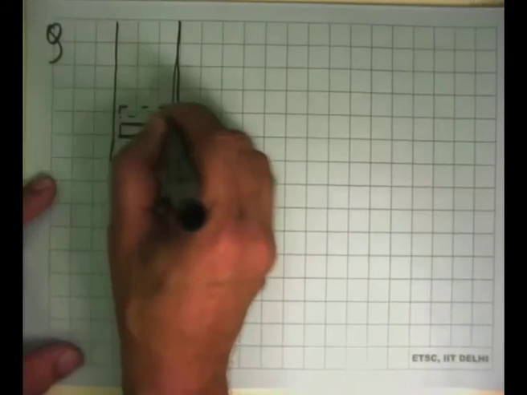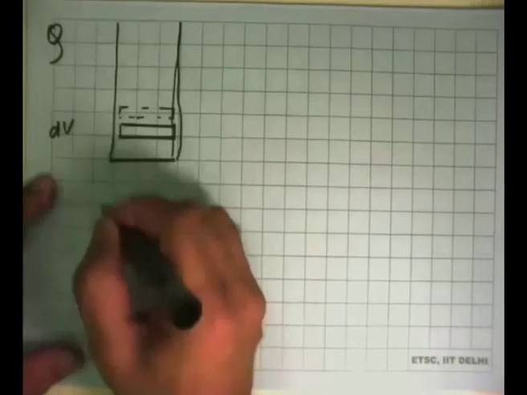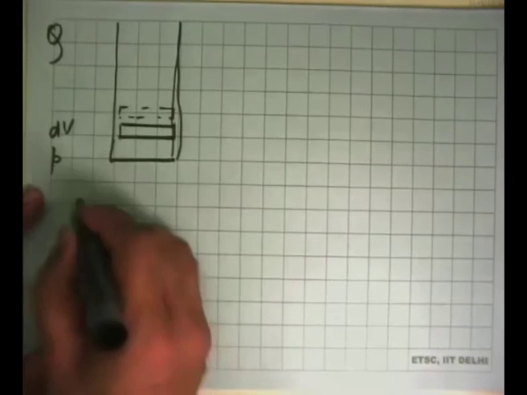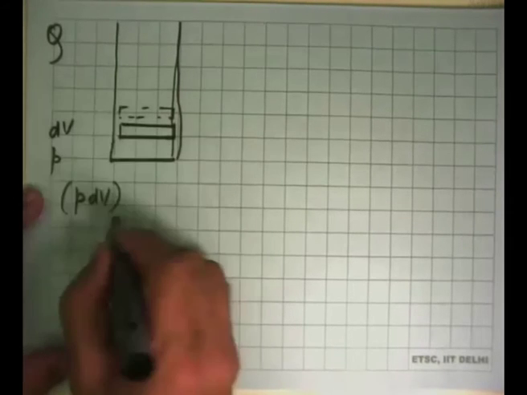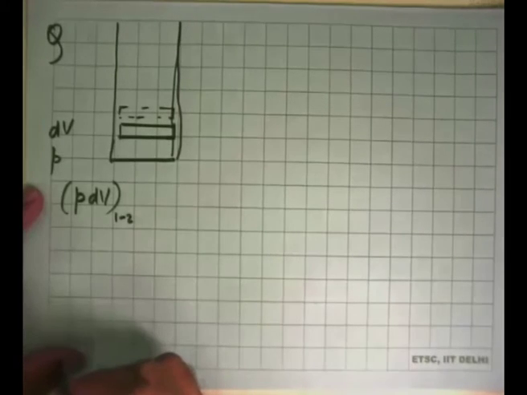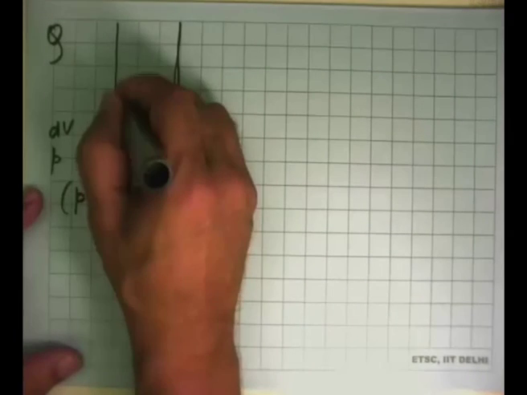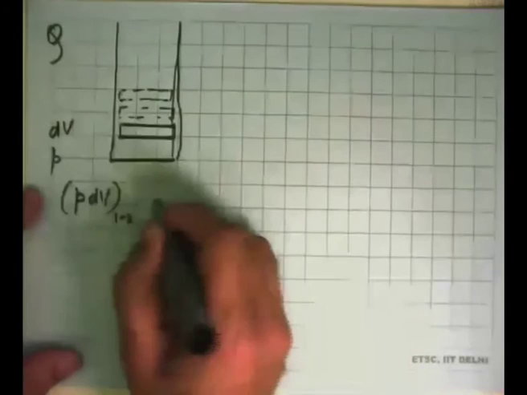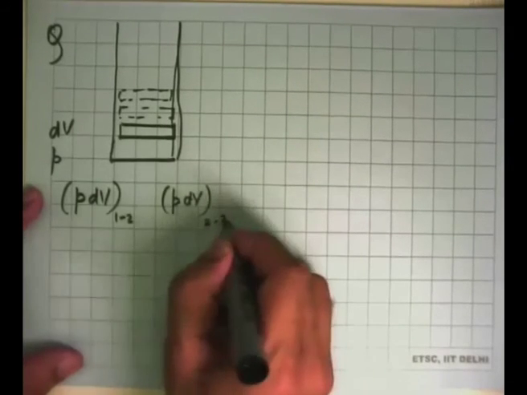We take a very incremental change. So there's a small change in volume and we say that during this change the pressure was constant. So the work done was PdV. But this is state 1 to 2. Then we say, okay, now the piston moved up a little bit more, an infinitesimal small amount, and the work done there then would be PdV, 2 to 3.